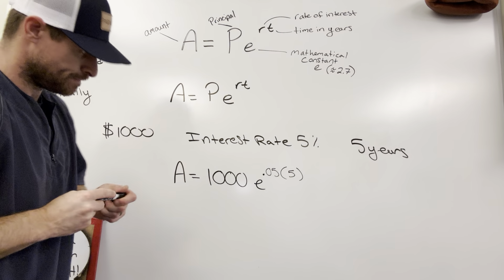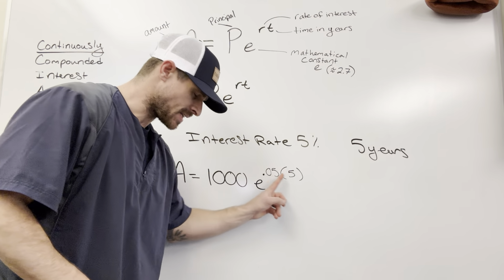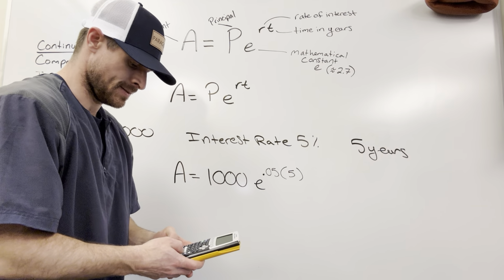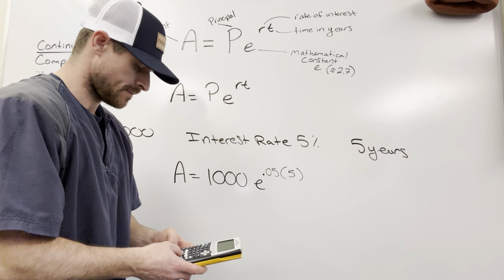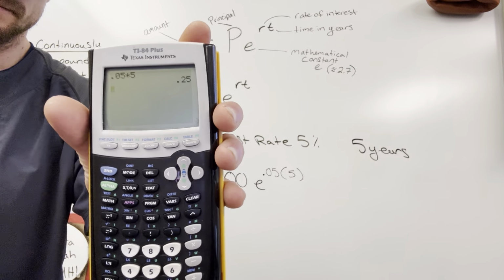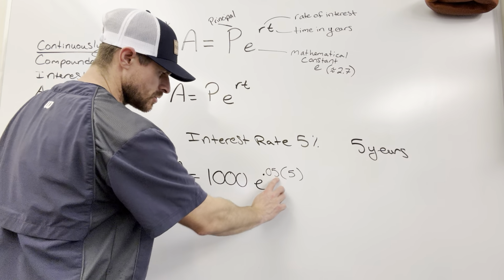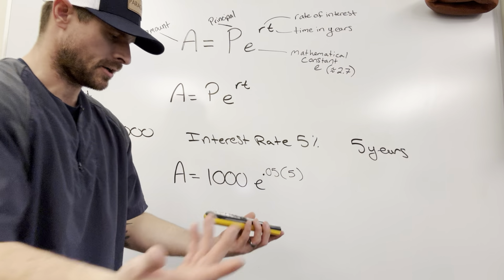So step 1, multiply those two values together. Okay, so you can just take 0.05 or 5 hundredths times 5, get your value. That's the number you're going to be putting E to the power of. So if you're not sure what that comes out to, use your calculator to find it.